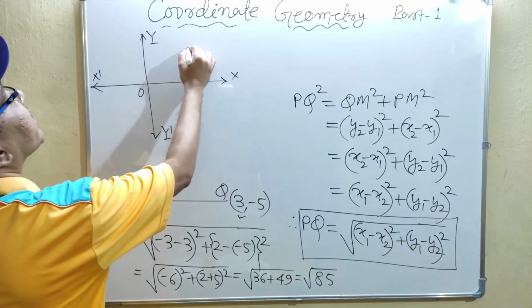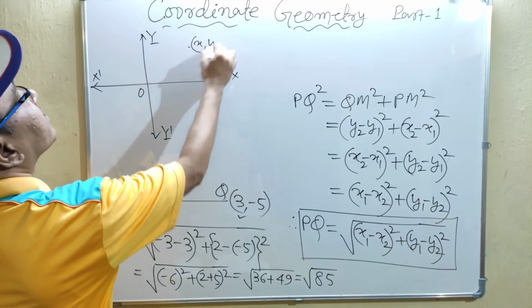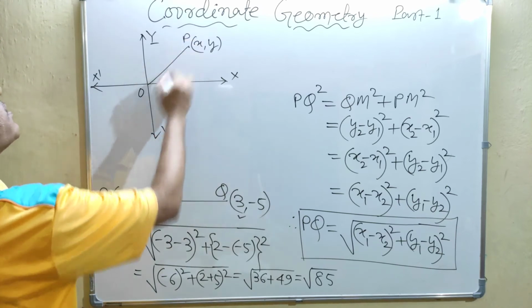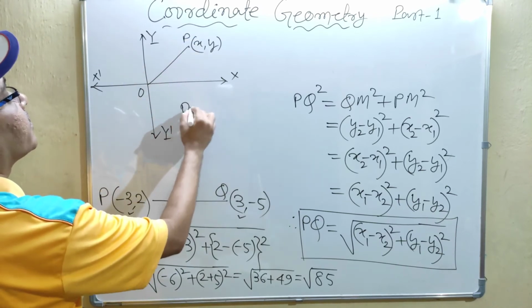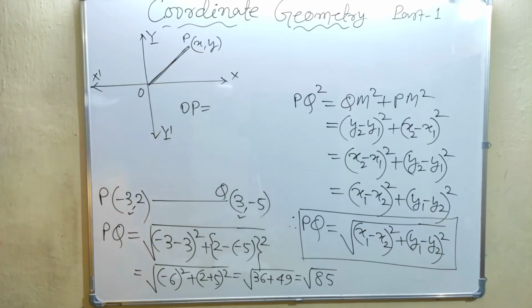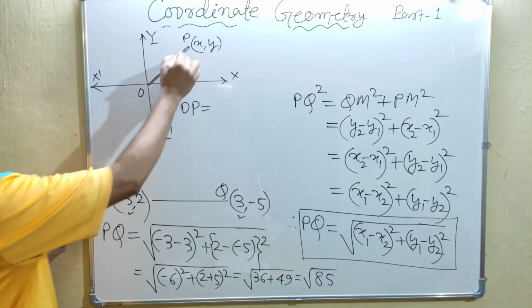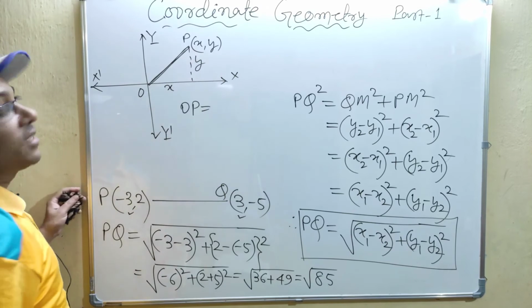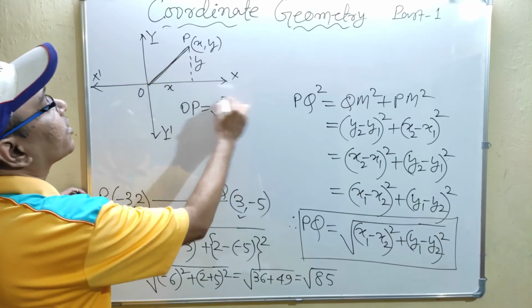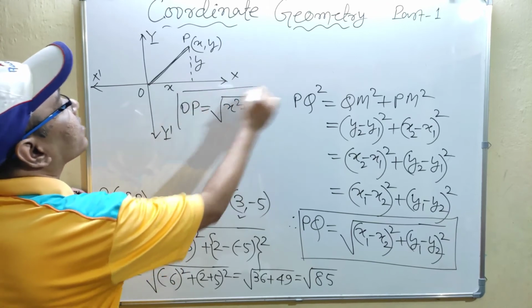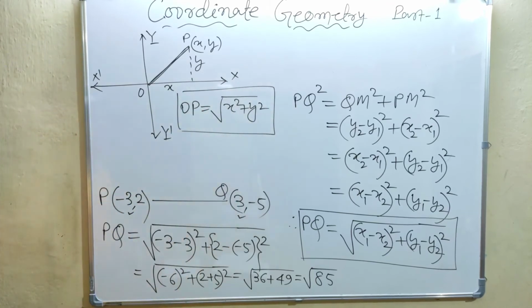If any point XY is there on the plane, what will be its distance? This is P, suppose. What will be OP? OP distance means distance of any point from origin. Simply this distance is your x, this distance is your y. So what will be this OP? Root under x square plus y square. So root under x square plus y square gives you distance of any point from origin.